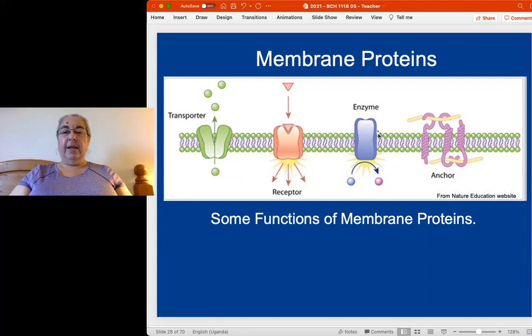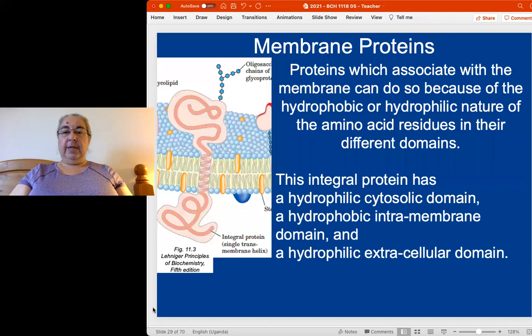They can be enzymes, which are anchored in the membrane to keep them in place, but which are carrying out a catalytic reaction, an enzymatic reaction, and changing another molecule. Or they can be anchors holding that membrane in relation to other parts of the cell, for instance, the cytoskeleton or the nuclear lamina. So, functions of membrane proteins.